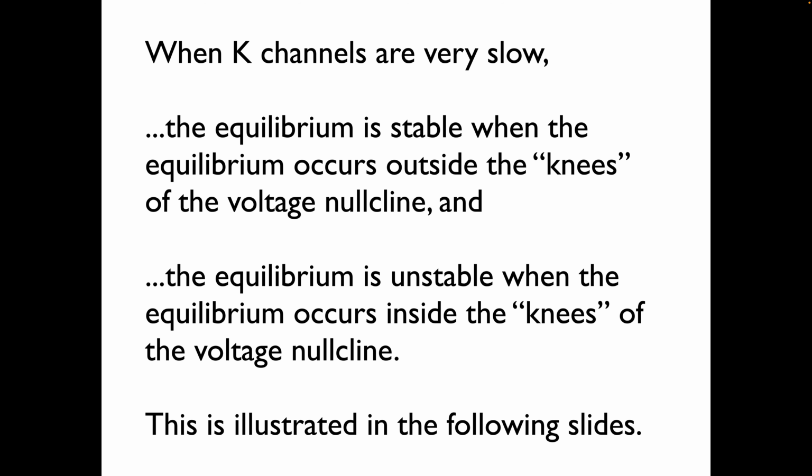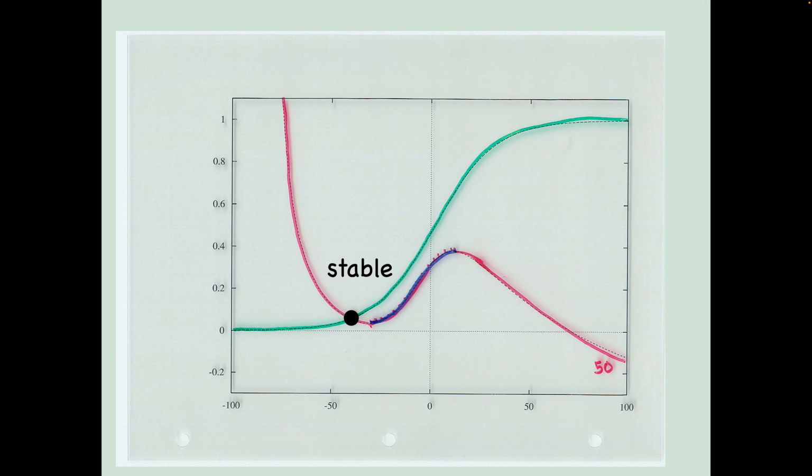Now, when the potassium channels are very slow, it can be shown that the equilibrium transitions from being stable to unstable precisely at the knees. What I mean by that is that if the potassium currents are slow, the steady state will go unstable exactly when the voltage null line lifts high enough so that this knee ends up on the other side.